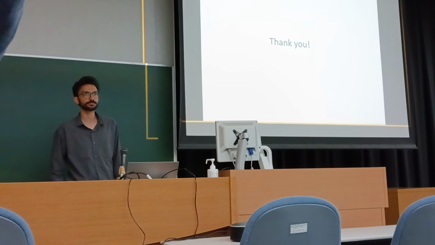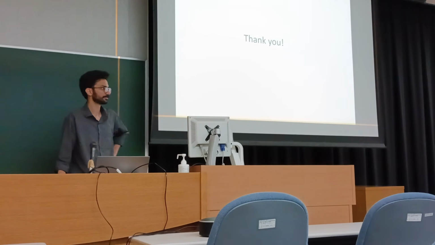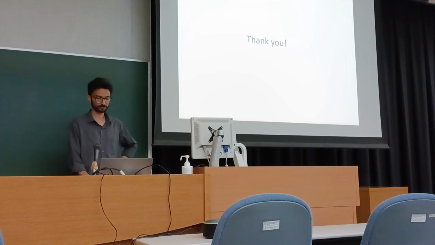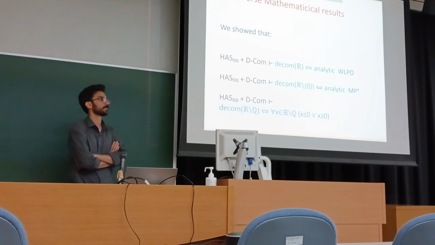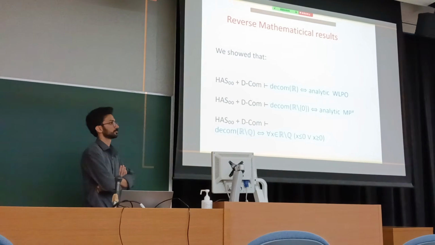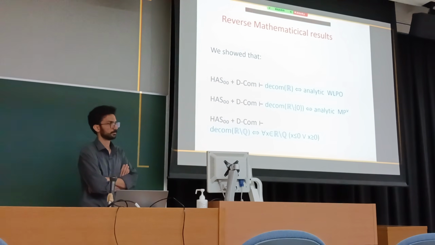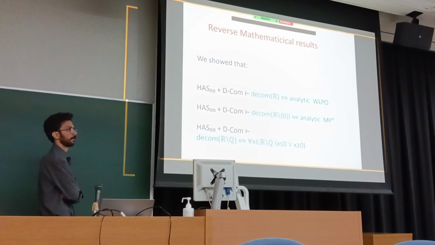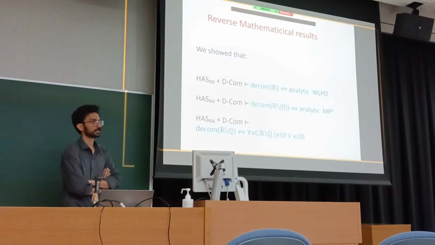Any other questions or comments? Could you show me the last slide? So can you show that an analytic version of a logical principle like analytic WLPO or analytic disjunctive Markov is not provable in HAS 00 plus D?